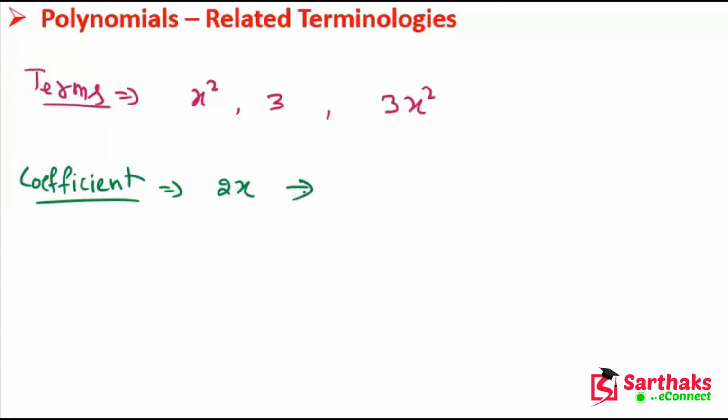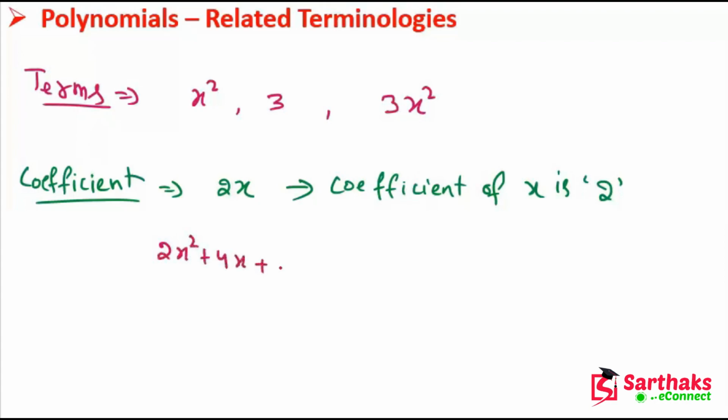In this case, we can say the coefficient of x is 2, because 2 is associated with the variable x. So we can say that 2 is the coefficient.